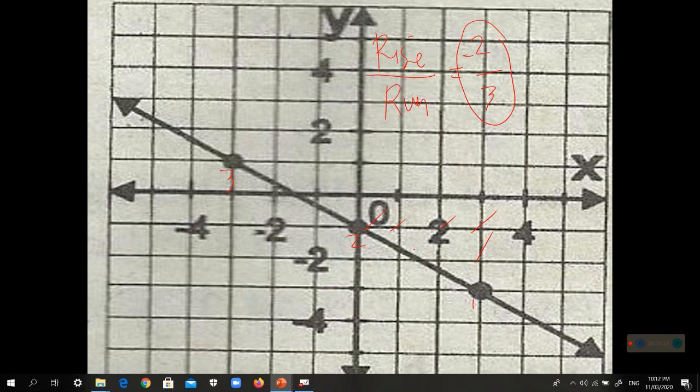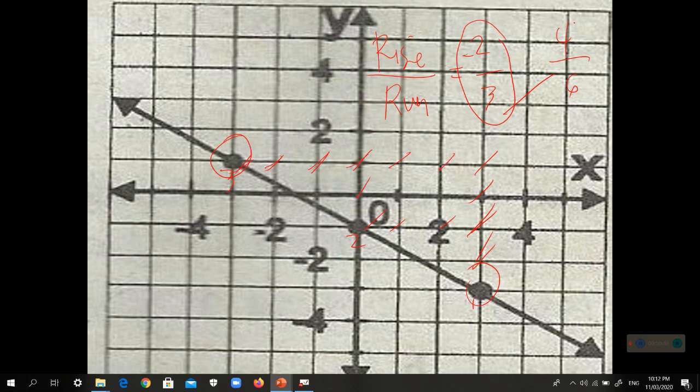If you are going to use points 2 and 3, we have here 1, 2 as our rise, and our run will be 1, 2, 3. So still we have negative 2/3. And if you are going to use points 1 and 3, you will have here 1, 2, 3, 4 over 1, 2, 3, 4, 5, 6.